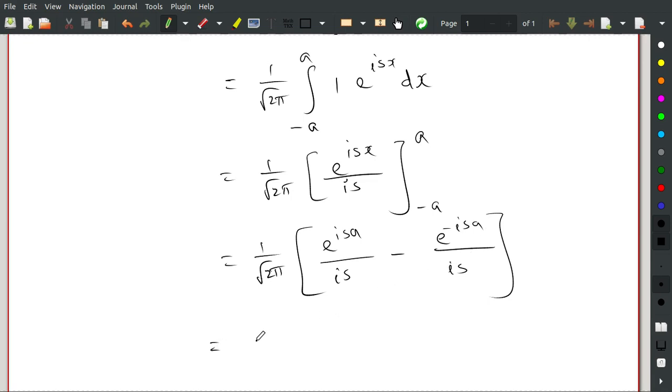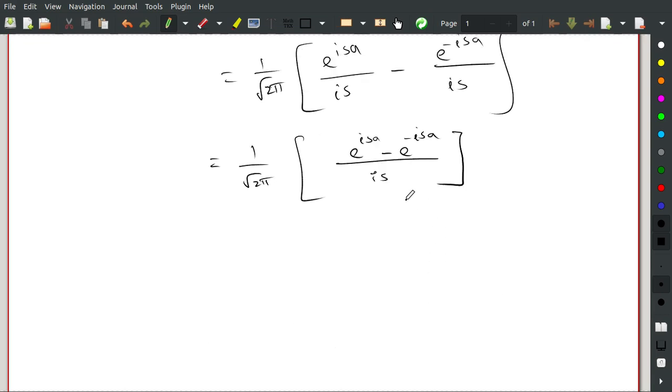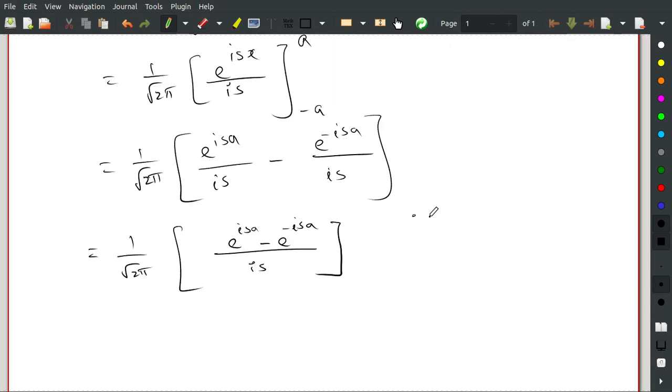Since the denominator is common, we have 1 by root 2 pi of is, e power i s a minus e power minus i s a, and this form resembles sine theta, since sine theta equals e power i theta minus e power minus i theta by 2i.